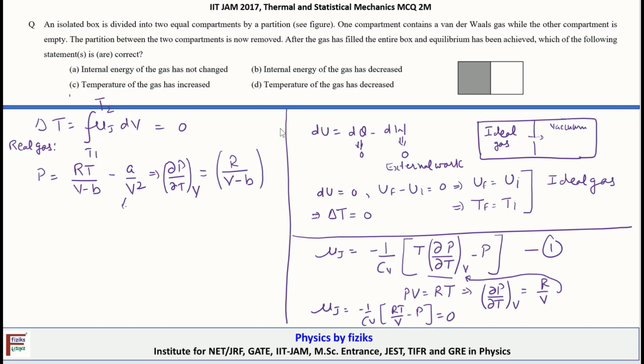Now substitute this value in the Joule coefficient. So μ_J will be minus 1 by Cv times (T dP by dT at constant V minus P).